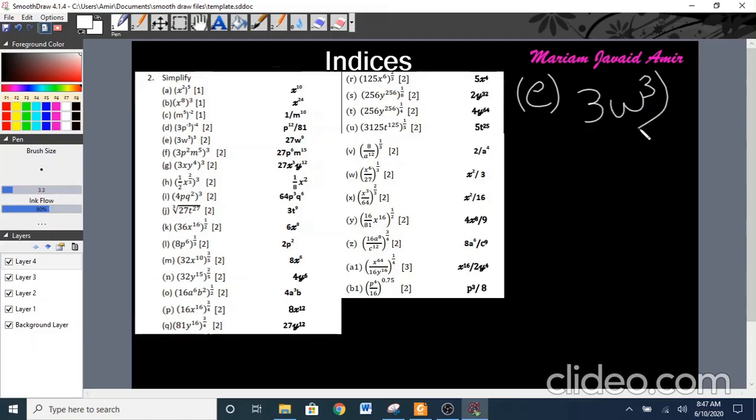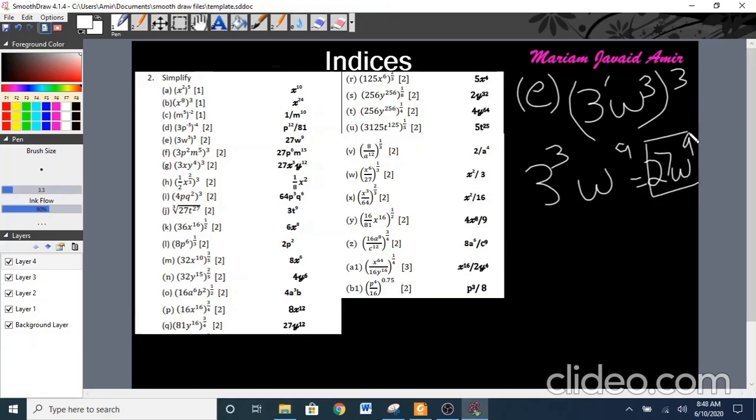3w cube, whole cube. So this is 3 power 1. So 1 times 3 is 3, and 3 times 3 is 9. So we get 27w power 9. Okay. Part F is 3p square m5, whole cube, which gives us 27 p, let's break it down a little bit.